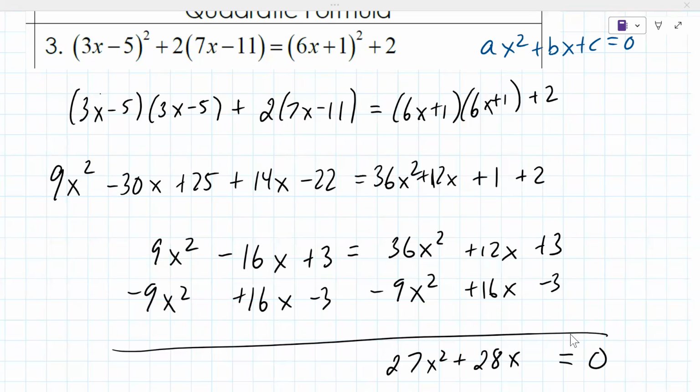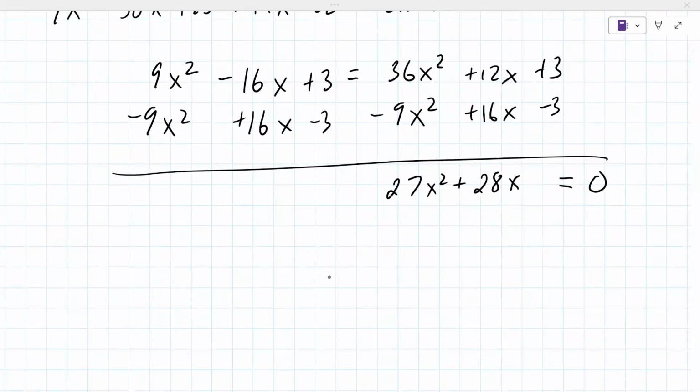So, okay. Well, so A equals 27, B equals 28, C equals 0.